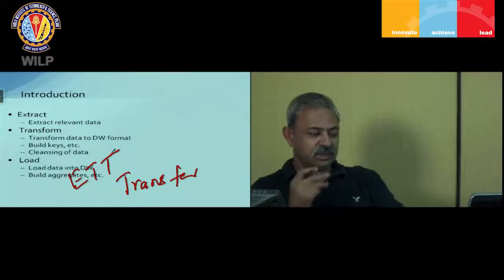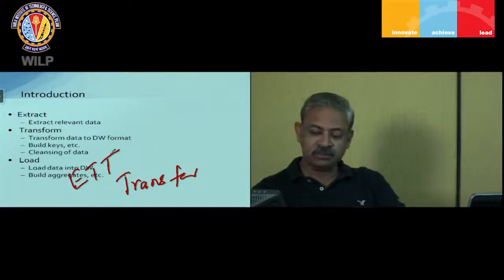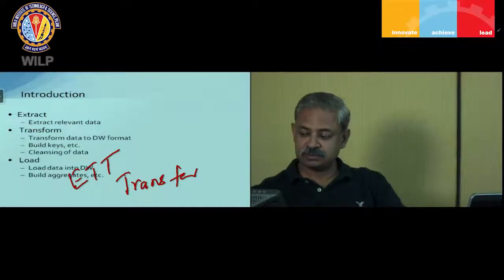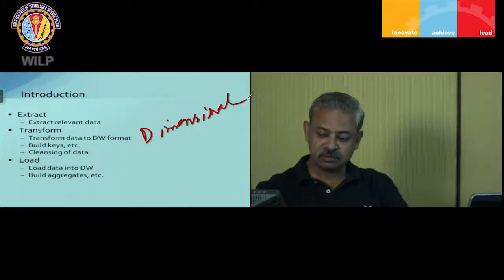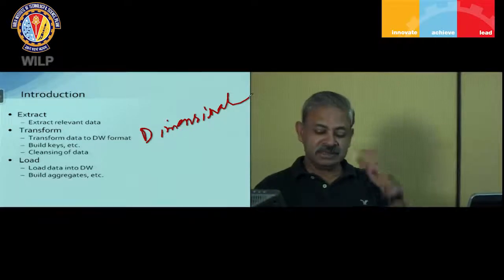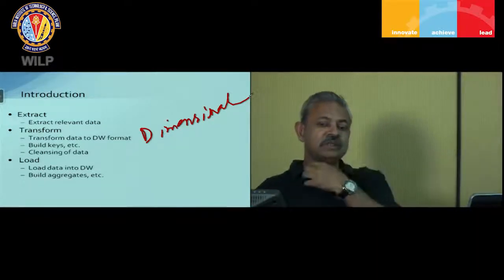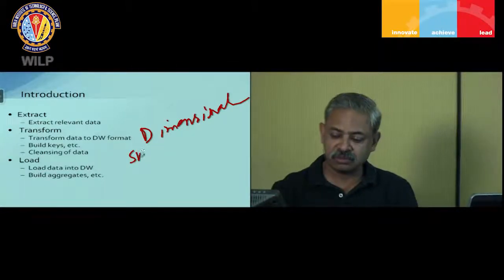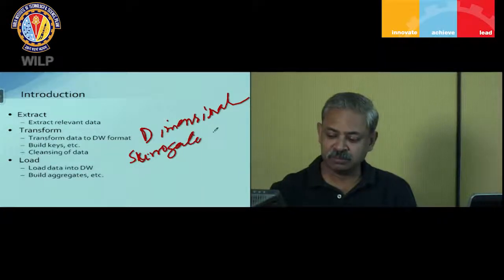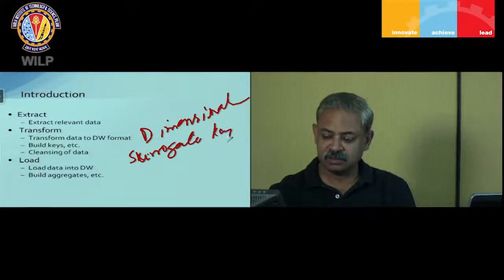Some more details: extract relevant data from the source systems, transform data to DW format. Here we are going to typically use the dimensional framework, and then build keys, etc. Keys, as you know, we had introduced what are called surrogate keys, and I'll be talking about them in a lot of detail in the coming lectures.